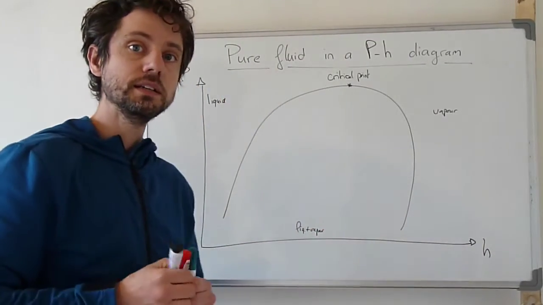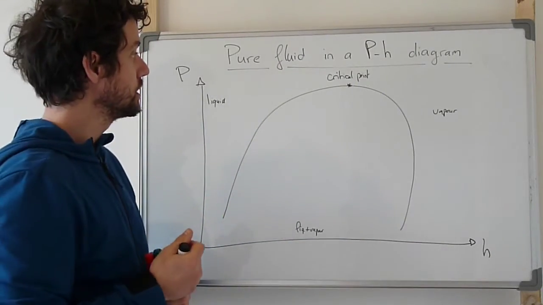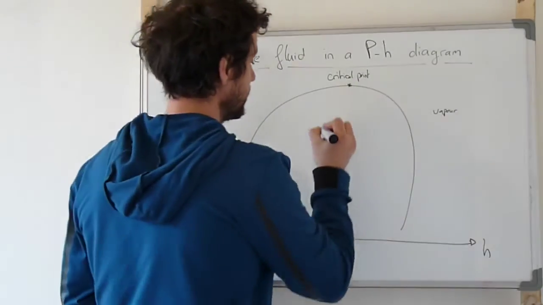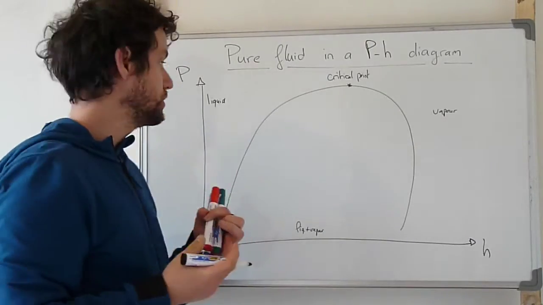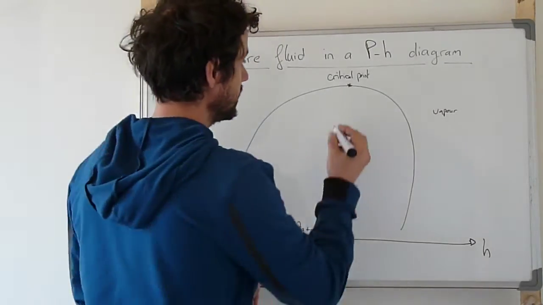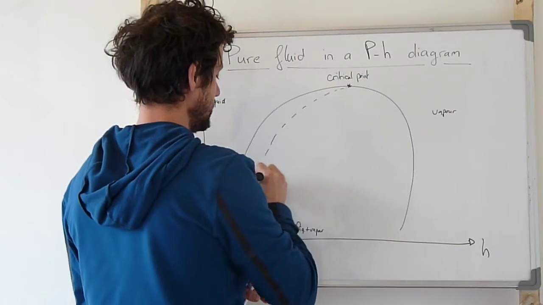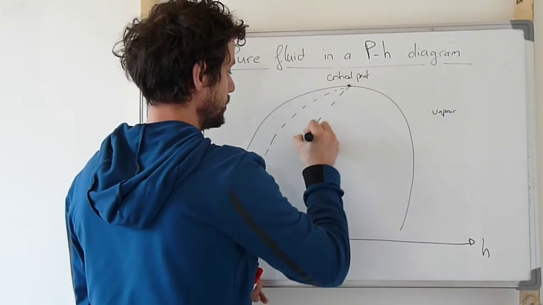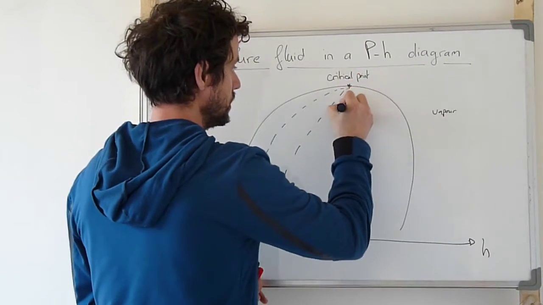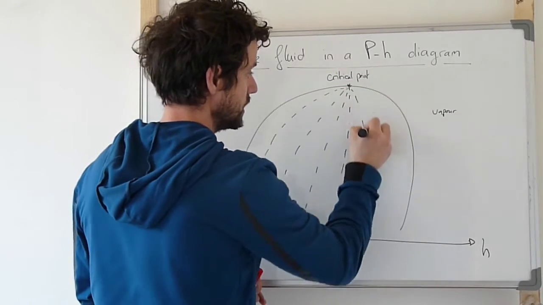So similarly to the TS diagram, inside the bell, you can find the proportion between saturated liquid and saturated vapor with the vapor quality, and the lines of constant vapor quality are all connected to the critical points.